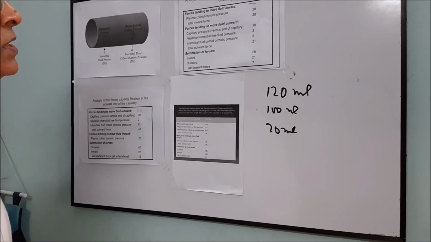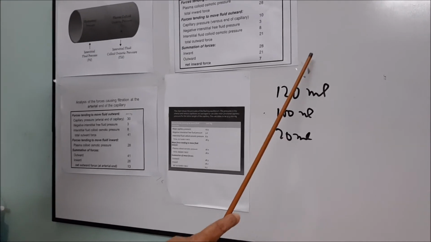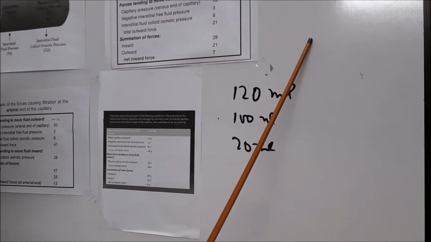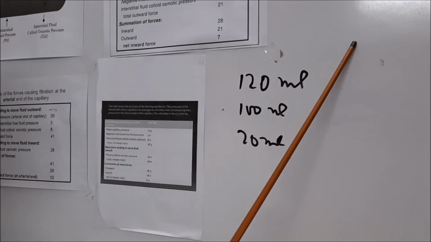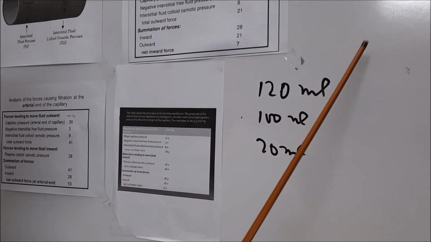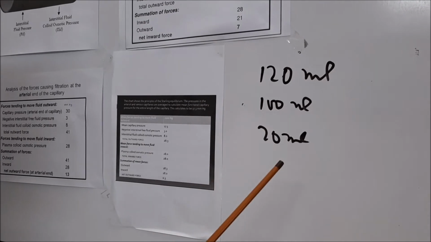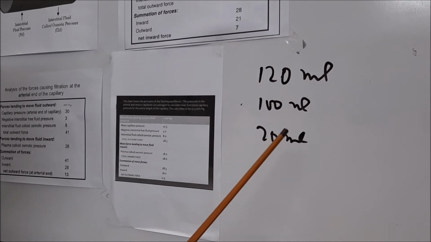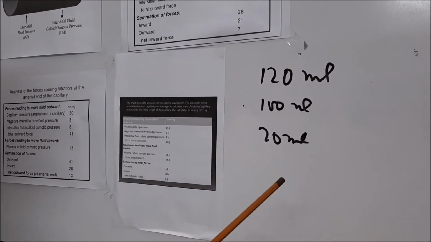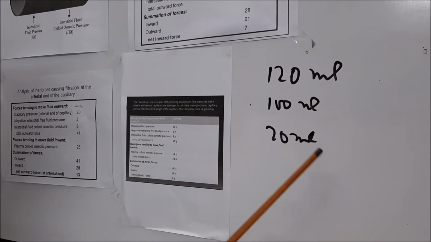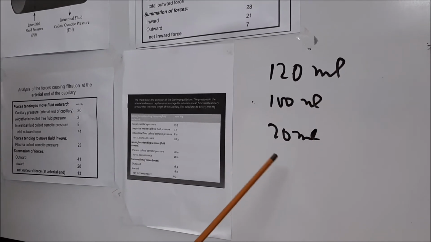How much fluid will be produced in one day? In 1 minute it is 2 ml. In 60 minutes it is 120 ml. In one day it is about 3 liters. If this fluid is not drained into the circulation, the human being would die within 24 hours.